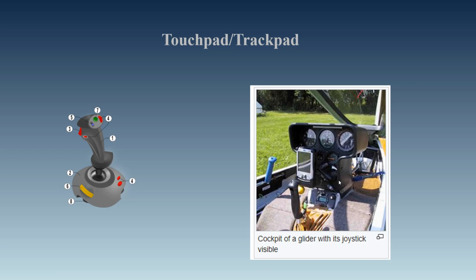Generally joysticks are used to control the object in the simulated environment. You play games, you control your object, vehicle, person, anything using this device. It is not a touchpad, it's a joystick.